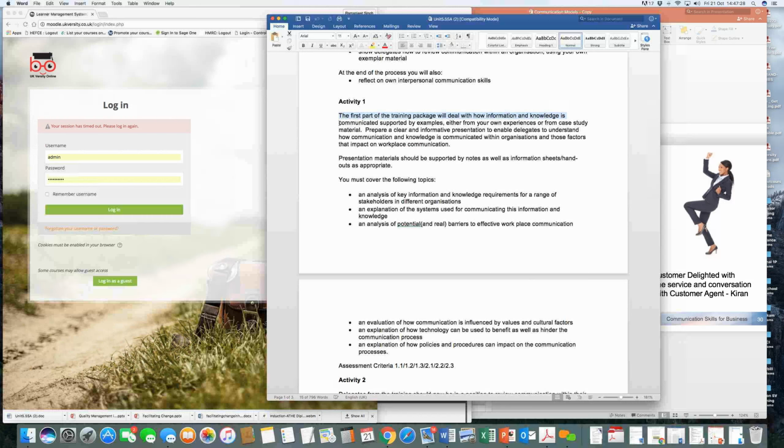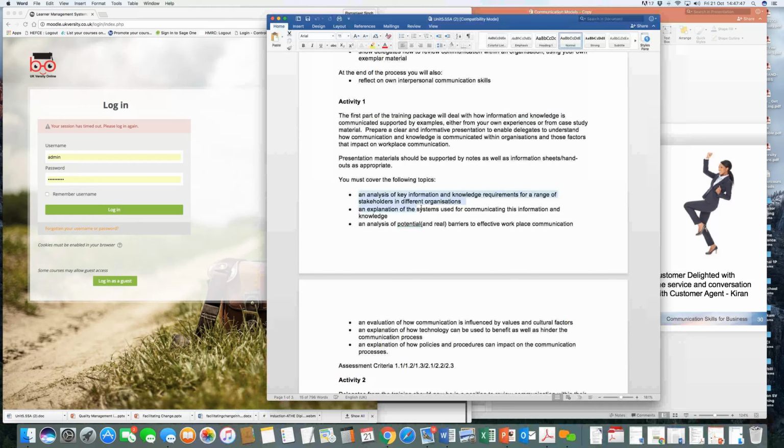You are given a set of tasks, and those tasks can be accomplished by producing a handout or an information sheet, covering these tasks in the assignment brief.